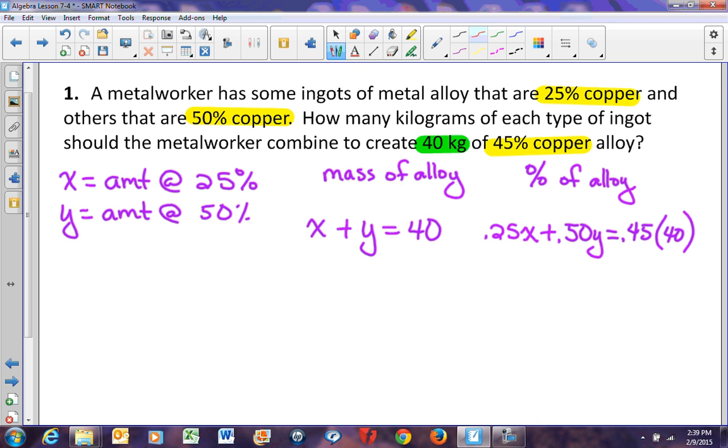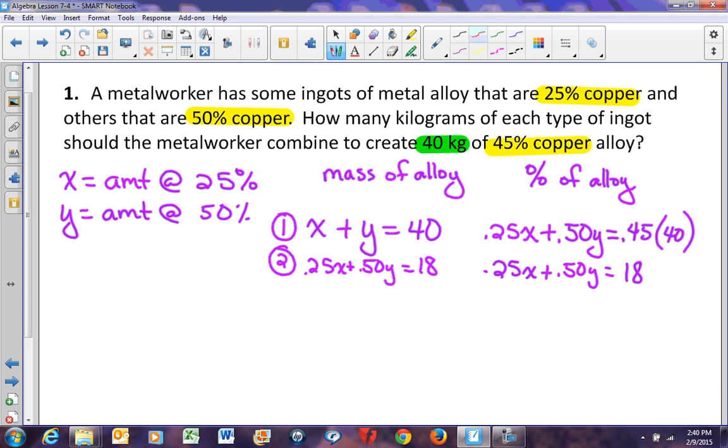To simplify this second equation, if I multiply that out, 0.25x plus 0.50y equals 0.45 times 40, which is 18. So I have 2 equations. This equation here, x plus y equals 40. My second equation, 0.25x plus 0.50y equals 18.